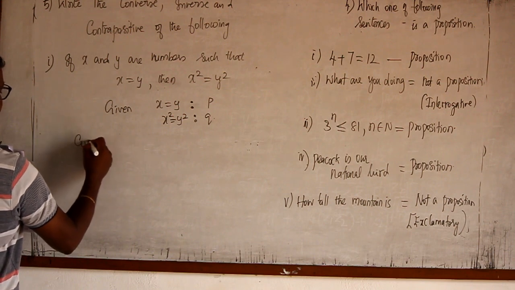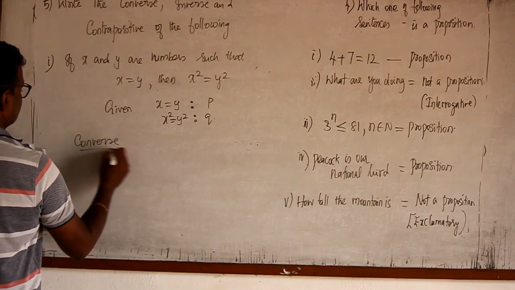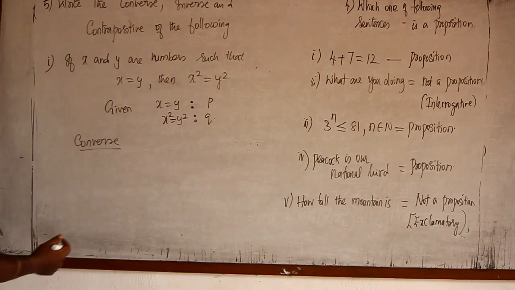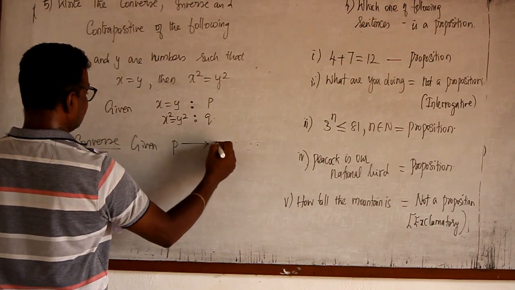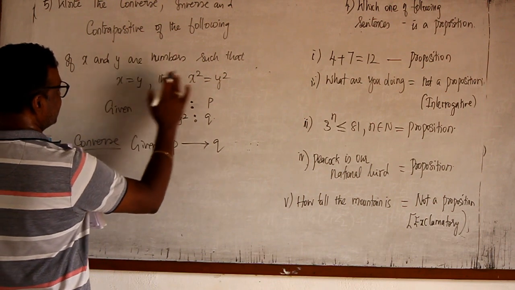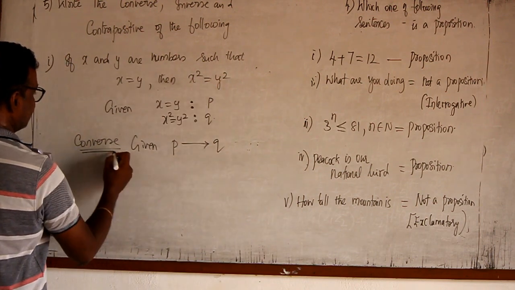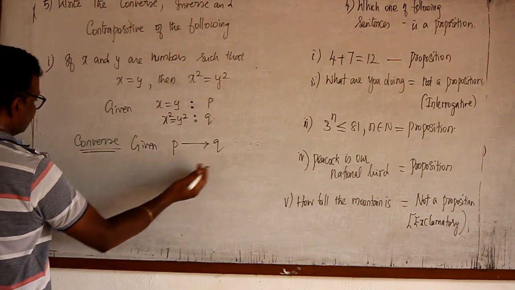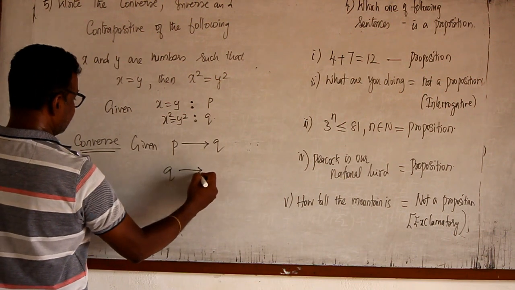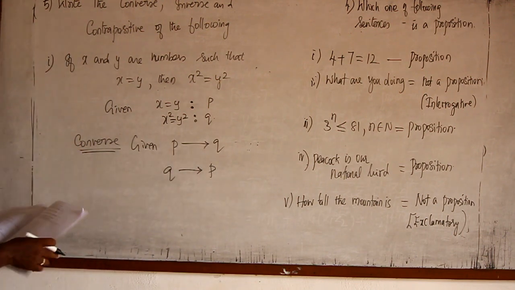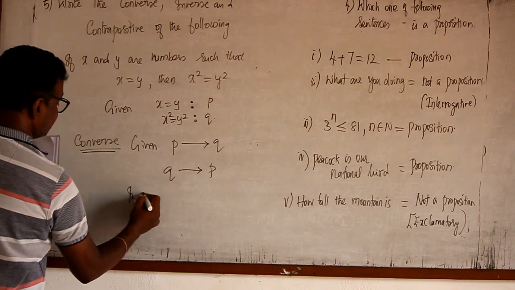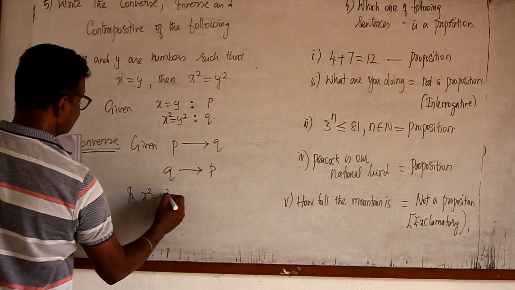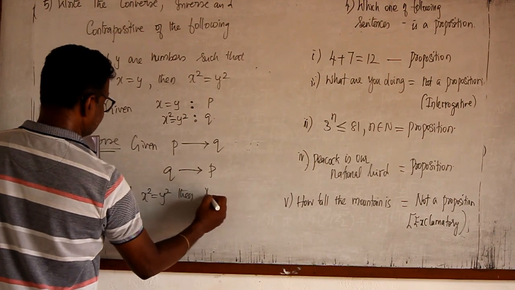So first we should write the converse. What is given? P then Q: if x equal to y, then x square equal to y square. The converse is just the reverse, that is Q implies P. In a statement, it is: if x square equal to y square, then x equal to y.